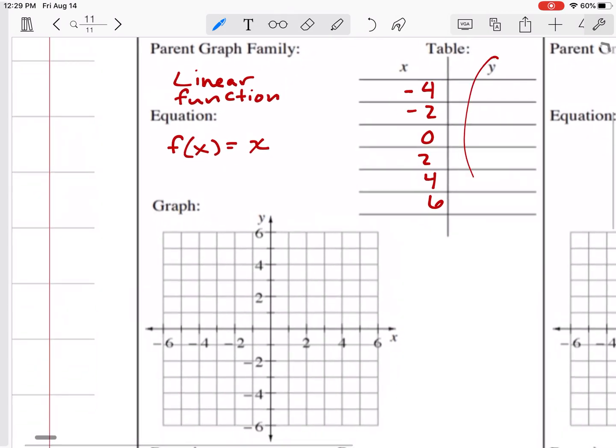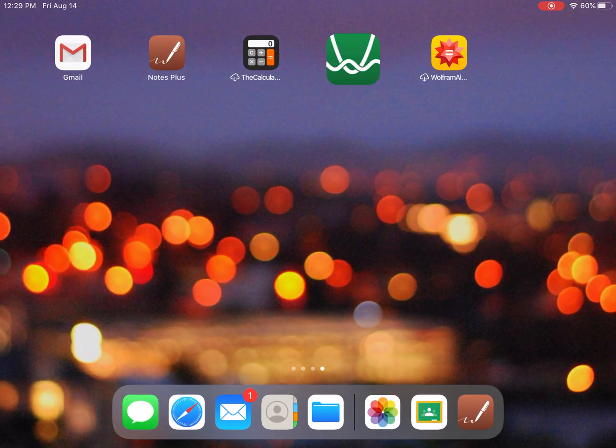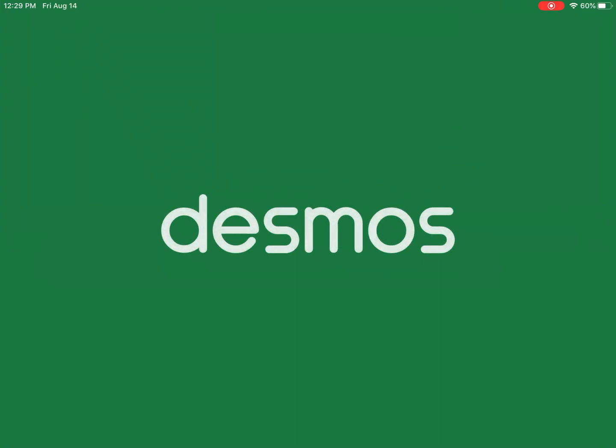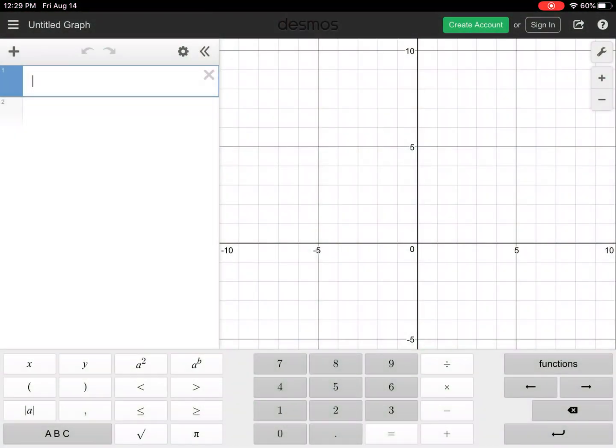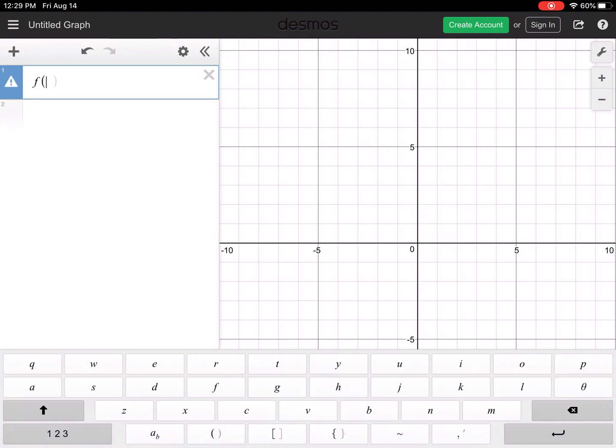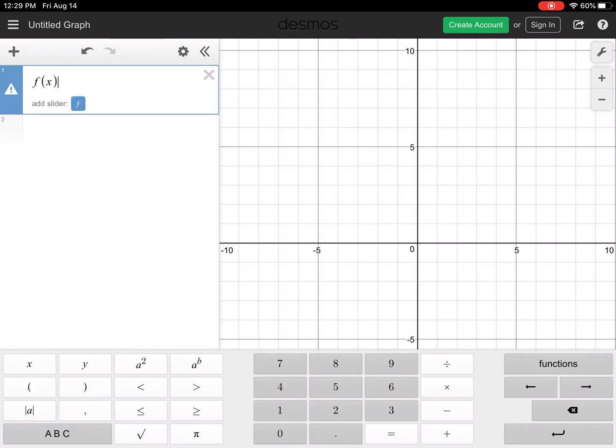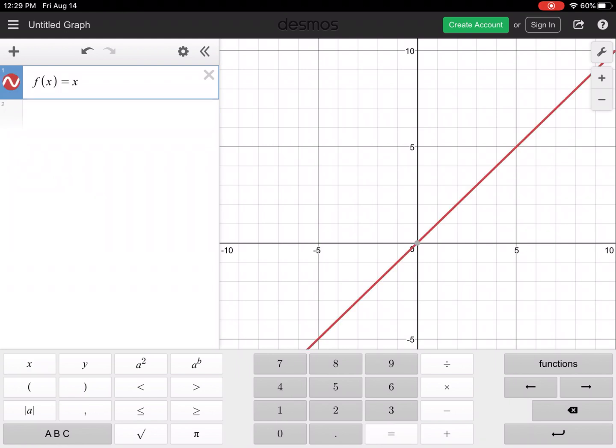Well, you need to figure out what the y values would be. You can use a graphing calculator. You can use Desmos to help you out with this. You can write your equation, f of x is equal to x. It actually graphs it for us.